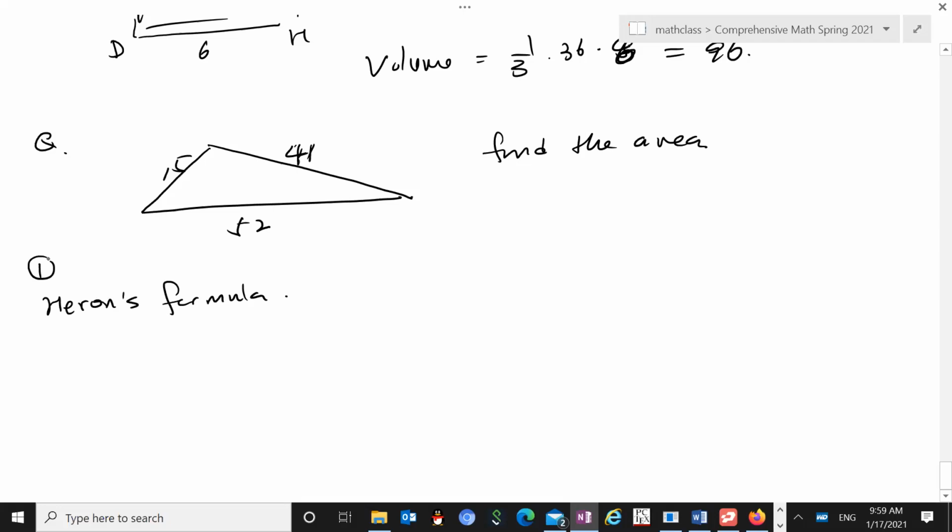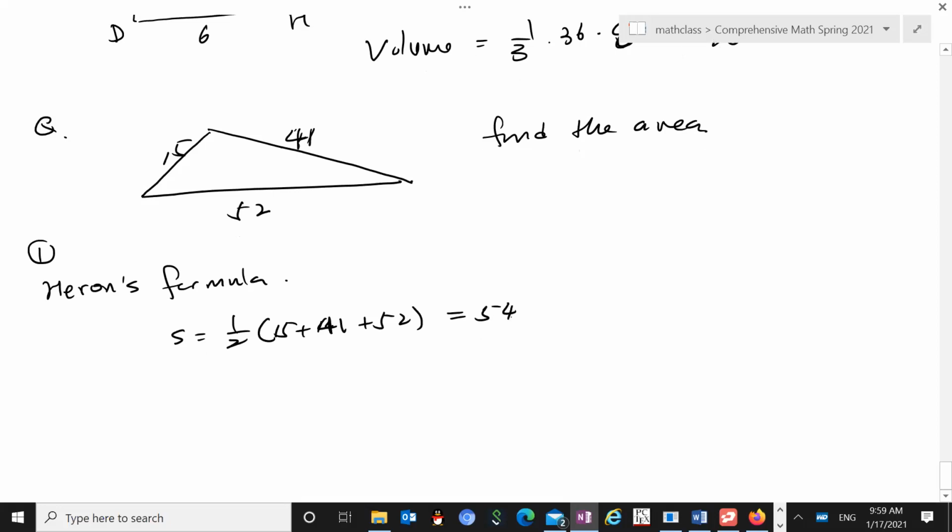Okay, the first one, right? Let's calculate the half perimeter of the triangle, which is going to be adding them together, 15, 41, 52, and use a calculator. So you get 54 quickly.